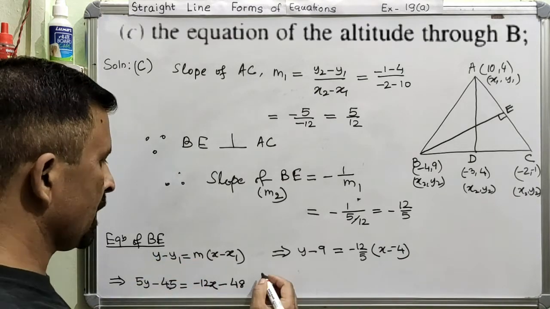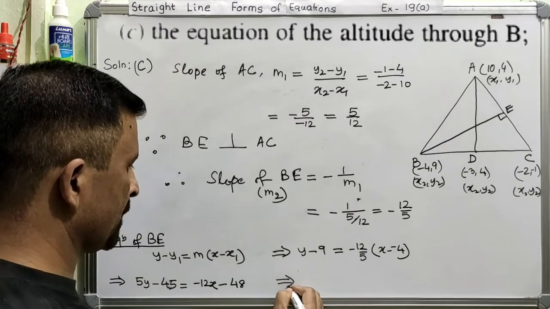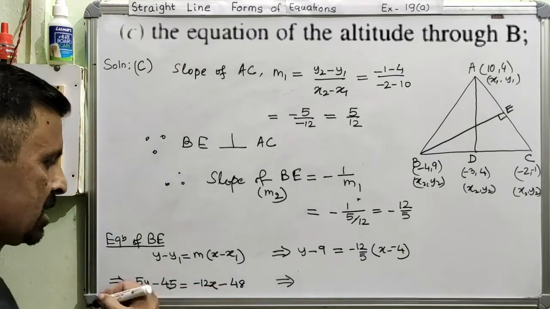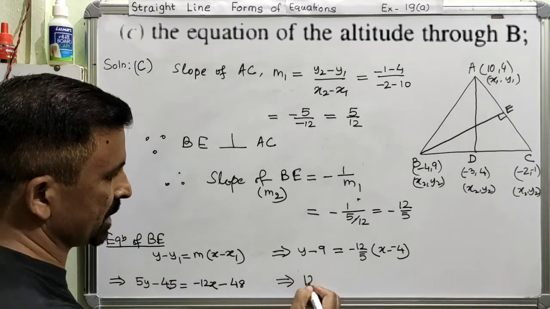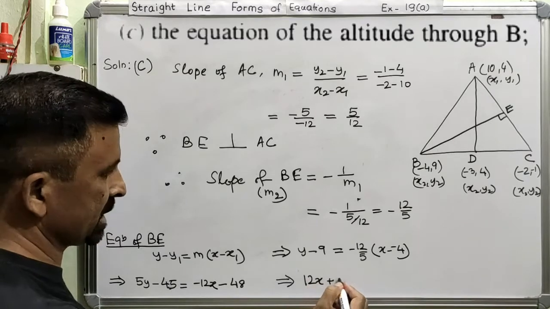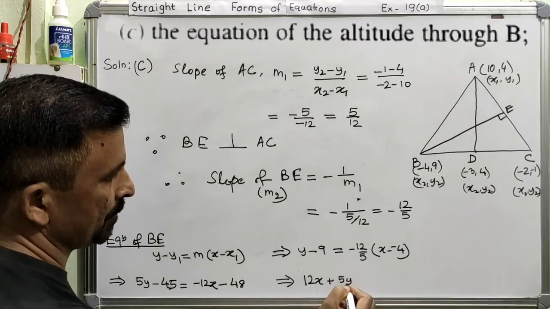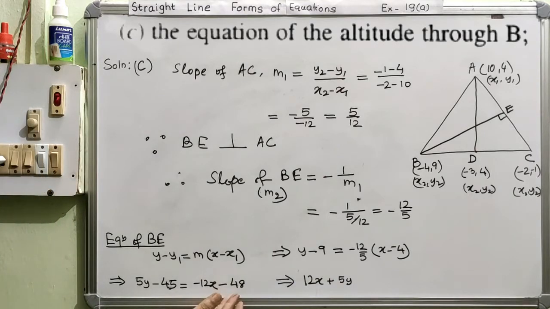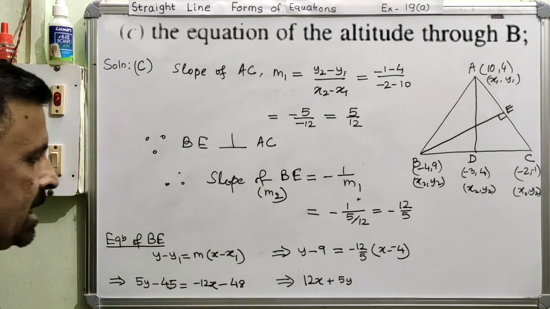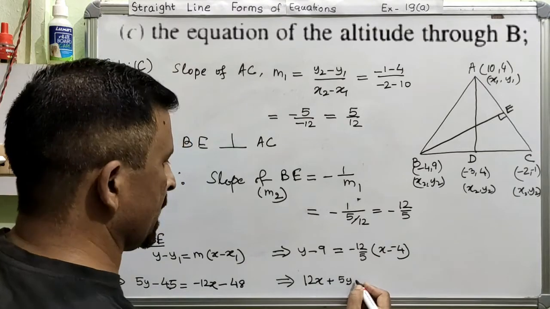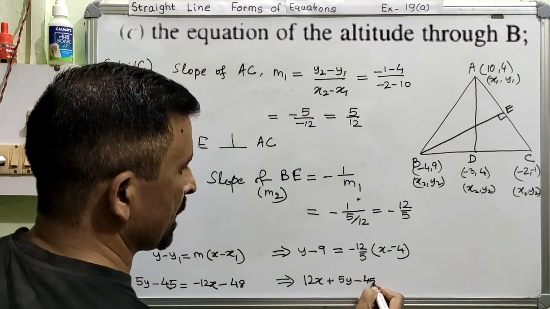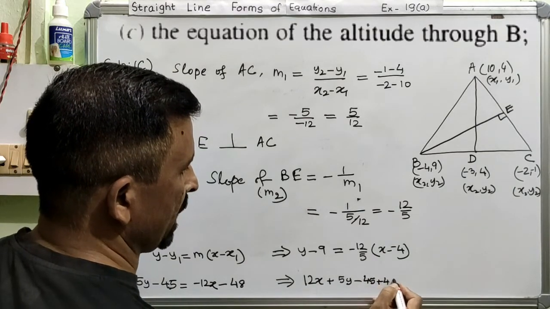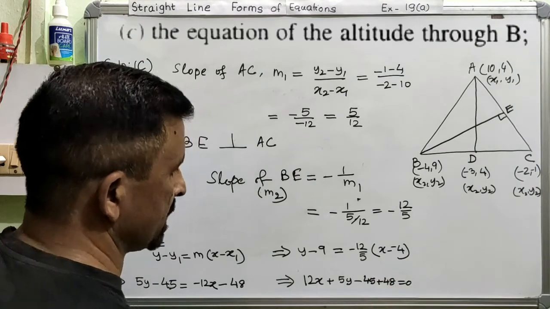Now one more step. Now rearrangement. So minus 12x is taken to the left hand side, so it becomes positive 12x, and this is 5y, right? And this minus 45 or minus 48 also comes to the same side. This is minus 45, and this becomes plus 48 is equal to 0.